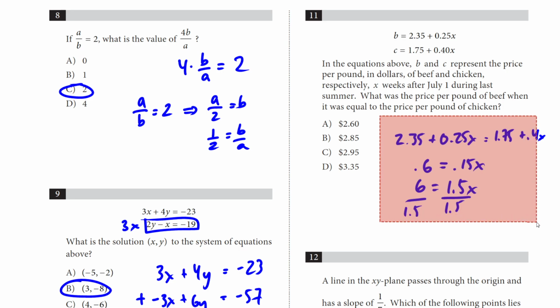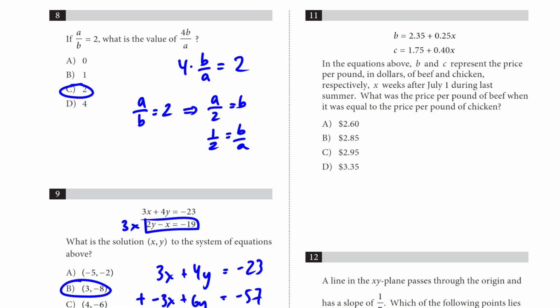I don't need to do any algebraic manipulation at all, because if we just put these side by side and we add the increases together, we'll get 2.7 and 2.15.